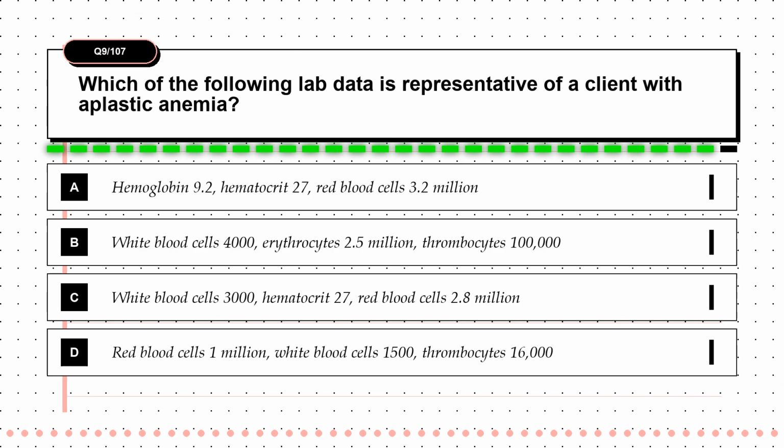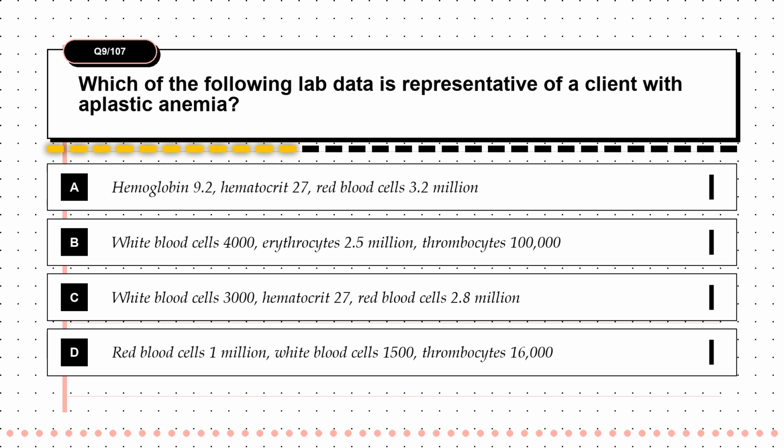Question 9. Which of the following lab data is representative of a client with aplastic anemia? Here are the options. Option A. Hemoglobin 9.2, hematocrit 27, red blood cells 3.2 million. Option B. White blood cells 4,000, erythrocytes 2.5 million, thrombocytes 100,000.